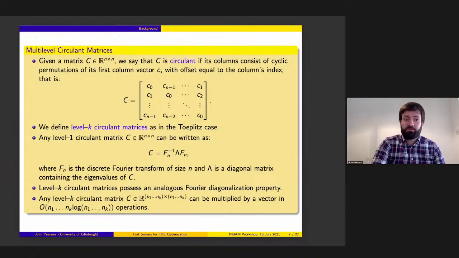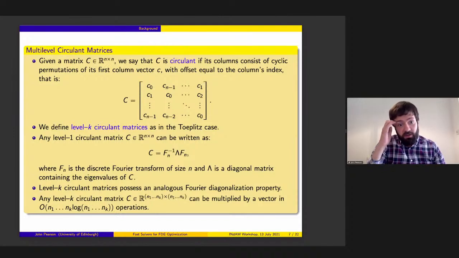A key property of circular matrices, a very special class of matrices, is that they may be diagonalized by the Fourier matrix. Fourier matrix, of course, can be applied very cheaply on a computer using the fast Fourier transform. And the circular matrix can be diagonalized by this. Fn is the discrete Fourier transform of size n.